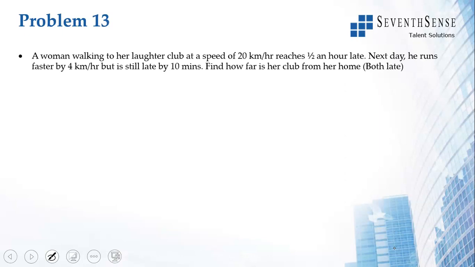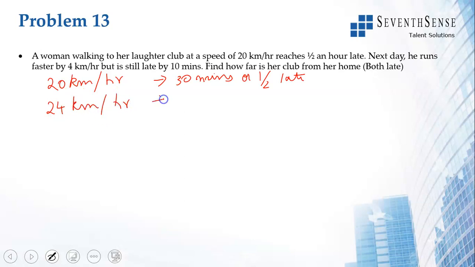A woman walking to a laughter club at a speed of 20 kilometers per hour is half an hour, that is 30 minutes, late. If she runs faster by 4 kilometers, that is at 24 kilometers per hour, she is still late by 10 minutes, which can be written as 10 by 60.